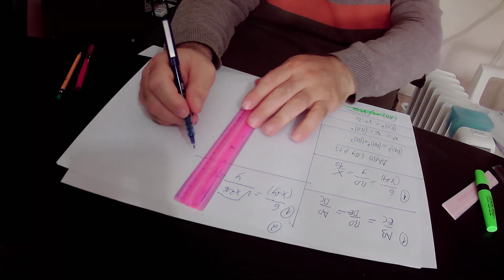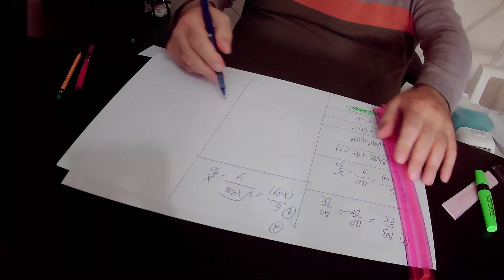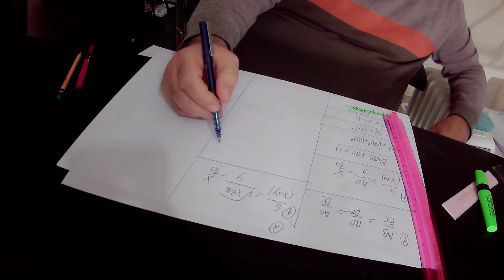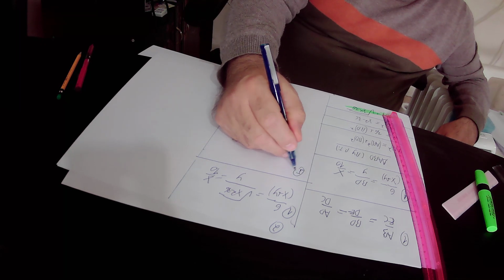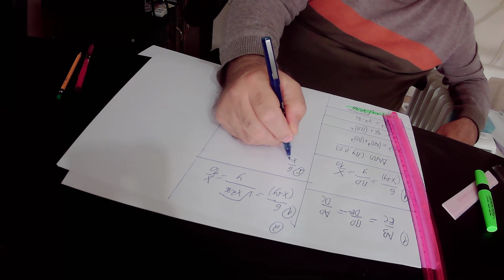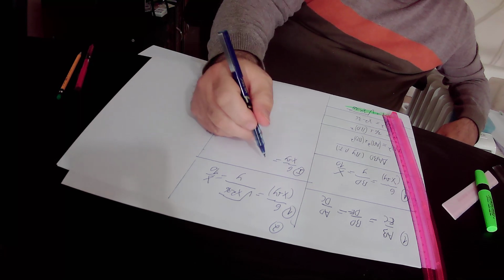So here we create two equations from this long equation. The first equation will be that 6 over x plus y is equal to x over 10.